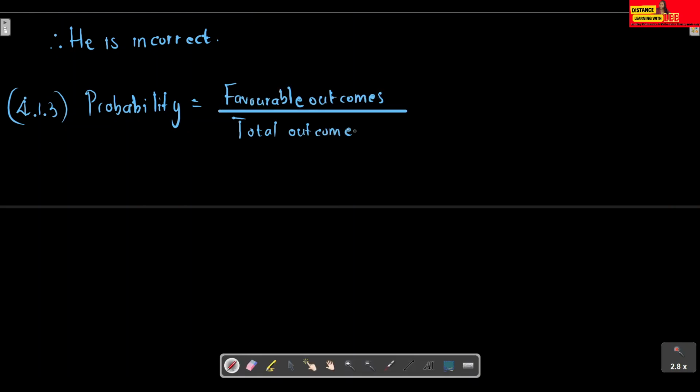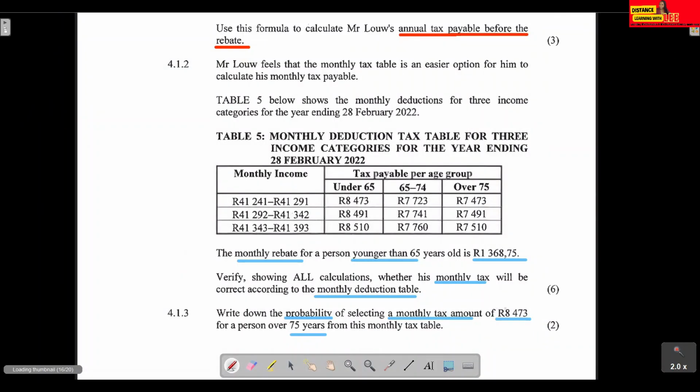So in this case, what are our favorable outcomes? We want to determine the probability of getting 8,473 where? We're going to be focusing our attention on persons over 75. So we are focusing on this column here because they're telling us for persons over 75 years old.